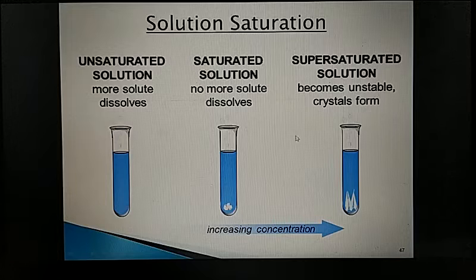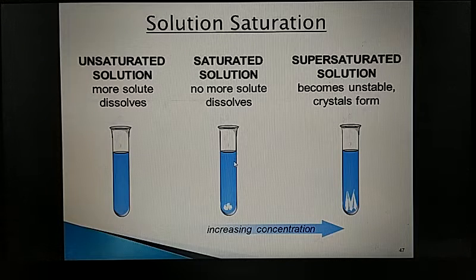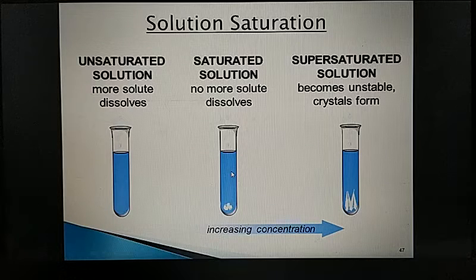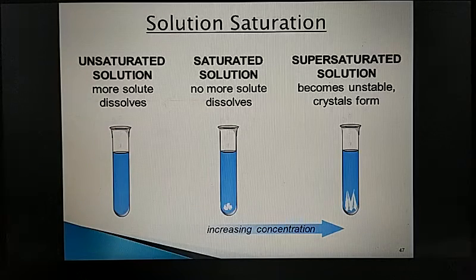This is the solution which we obtain by heating a saturated solution. Suppose you start heating a mixture of sugar and water, that means you can add more sugar to it by heating, and it will keep on dissolving.